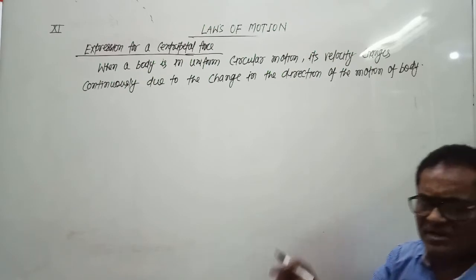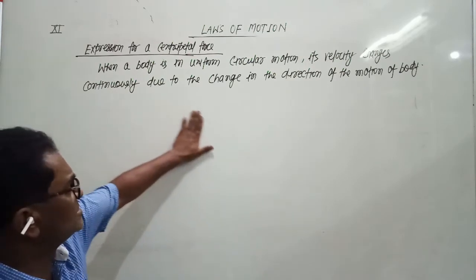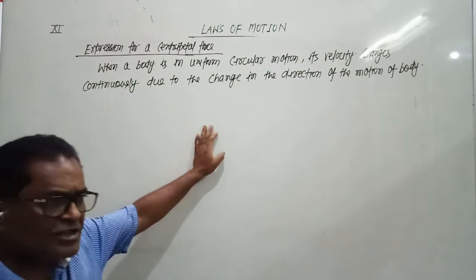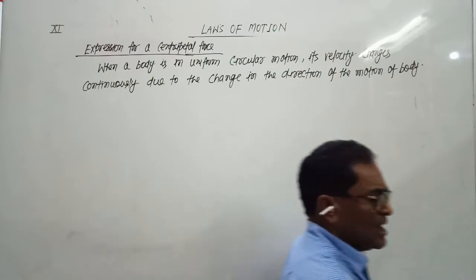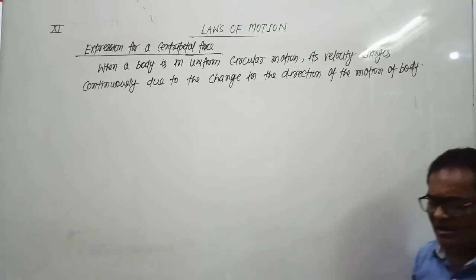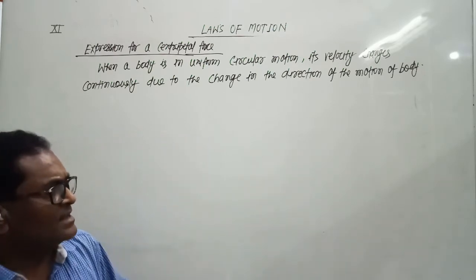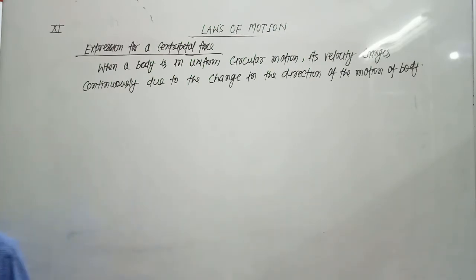When a body is in uniform circular motion, its velocity continuously changes. Velocity changes means its direction changes, because at every point the direction of motion of the body changes. That's why its velocity changes, but the speed remains constant.